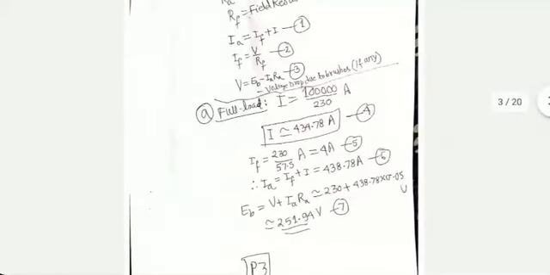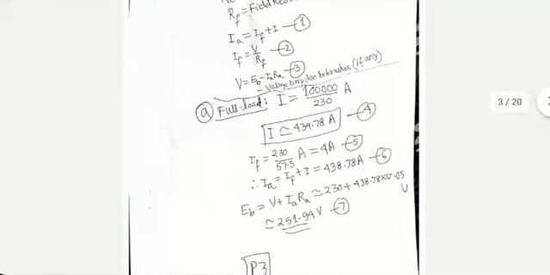How about efficiency? Output power is 100 kilowatt, no issue about that. Let's calculate the total losses and add them to the output power to get the input power. And then take the ratio of output and input powers.